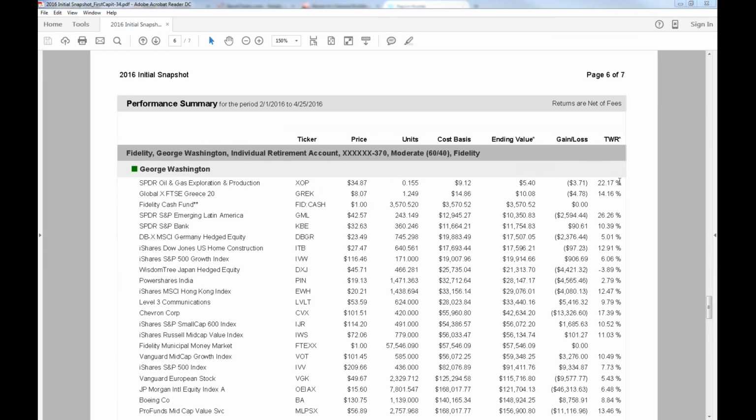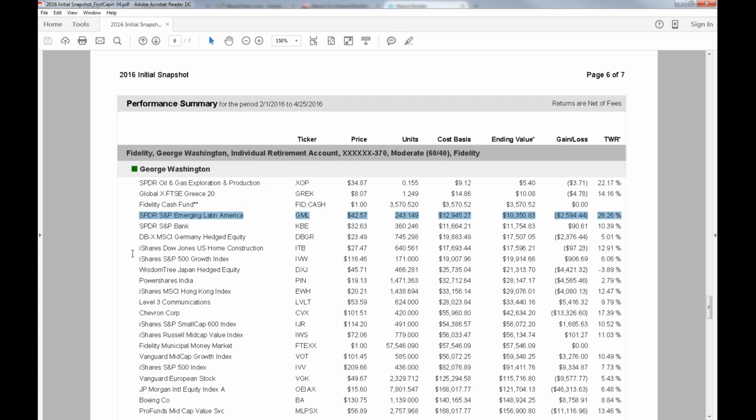In other words, if you pick the first one on here, this Latin America fund right here in George's portfolio, then now you have an opportunity to see that on that particular fund I'm up 26.26% since we've made the investment. So you get a sense for the detail of the activity in these funds.